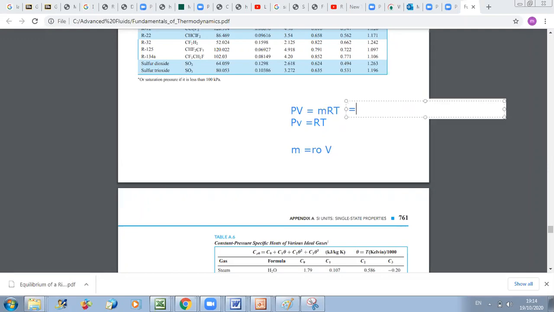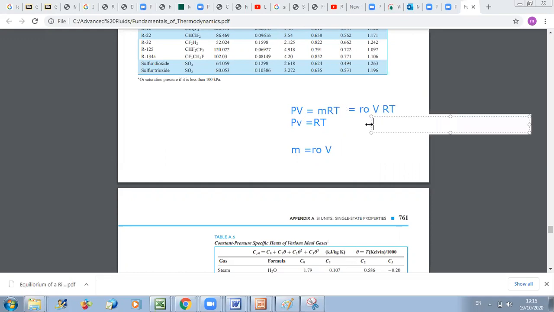So if you replace M here by rho times V times RT, then if you simplify the volume from both sides, you will get that P equals rho RT. So you can use either of these three equations for an ideal gas.